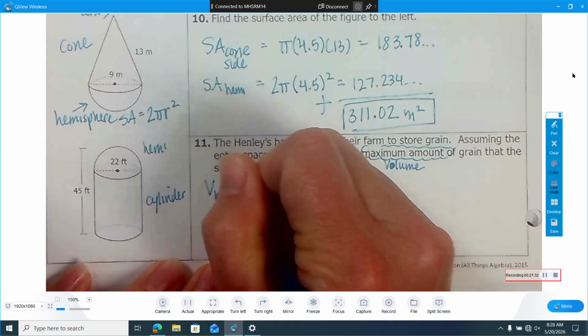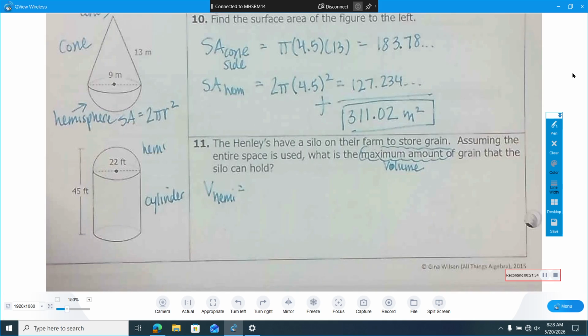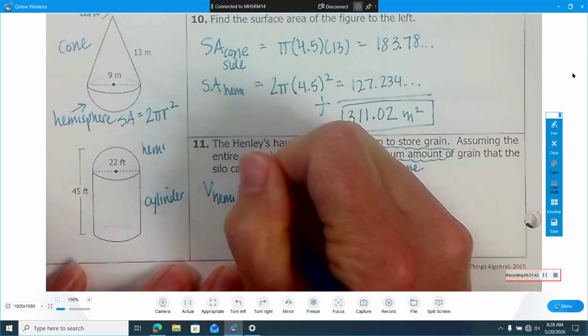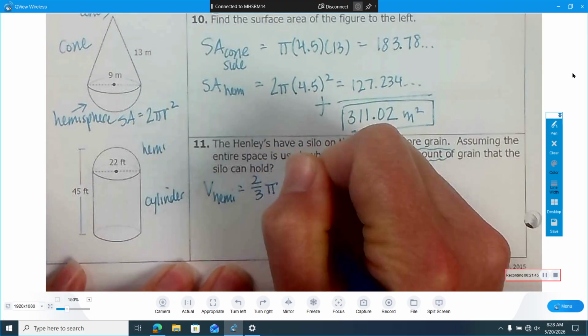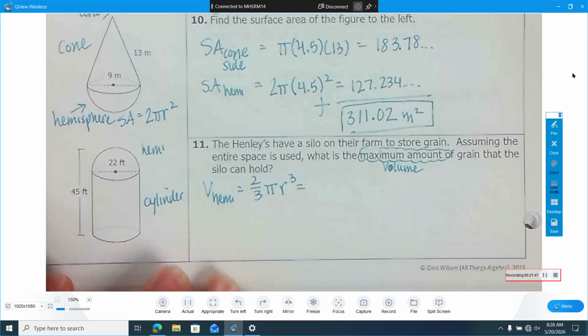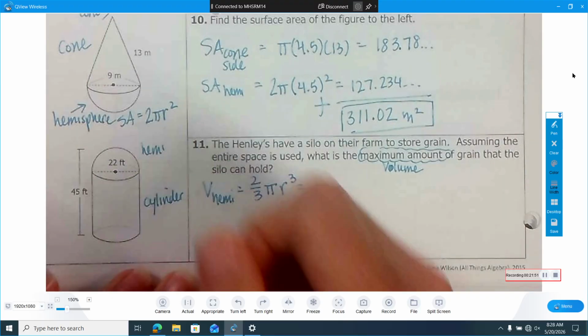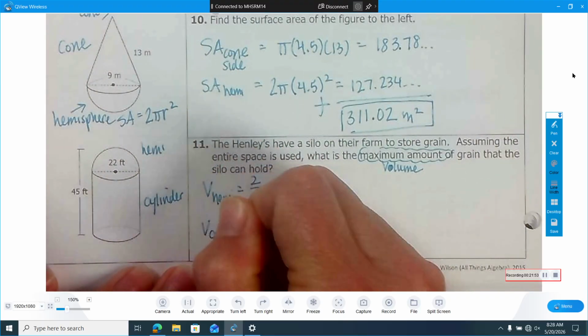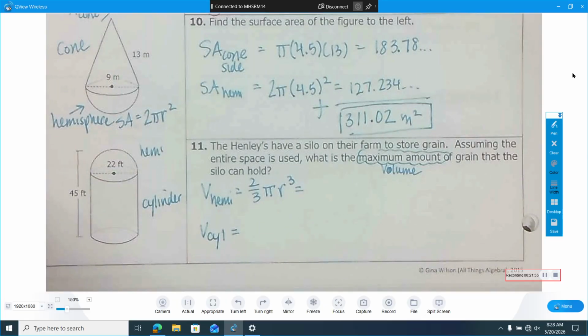How do we figure out the volume of a hemisphere? Two-thirds times pi times radius cubed. Very good. 2/3 pi r cubed. That's the volume of the hemisphere. And then the volume of the cylinder. What is the volume of a cylinder?